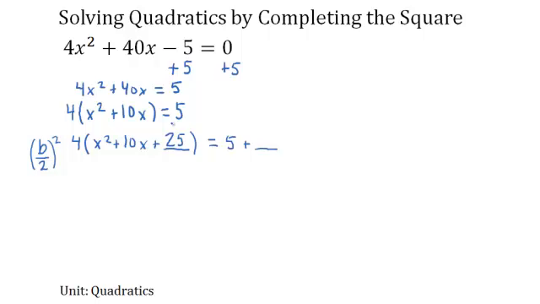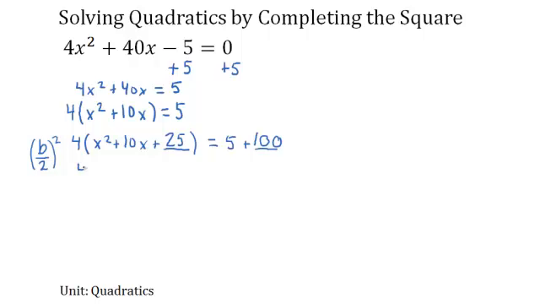Now I just added 25 to the left side of the equation, or so I think, but I didn't really add 25. I added 25 times 4, because there's this 4 out in front of this set of parentheses. So whatever's inside of here is really being multiplied by 4, meaning to keep this equation balanced, I need to add 100 to the other side, which is 4 times 25.